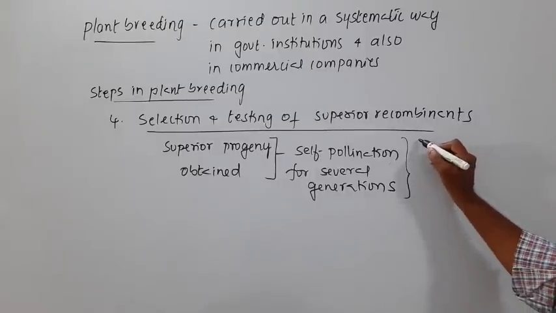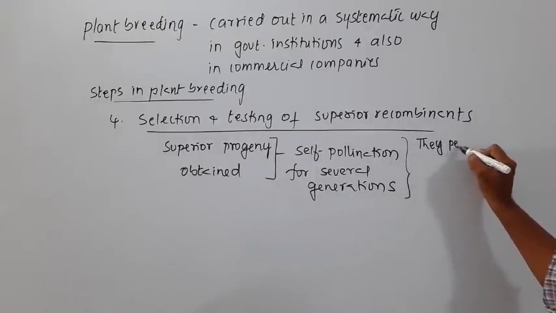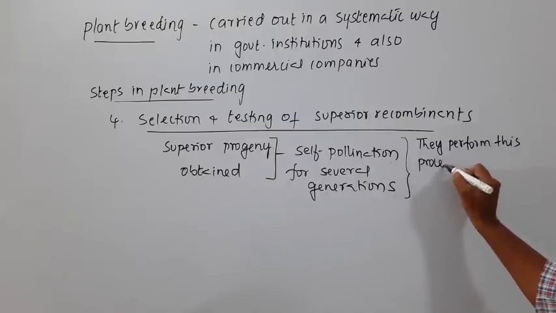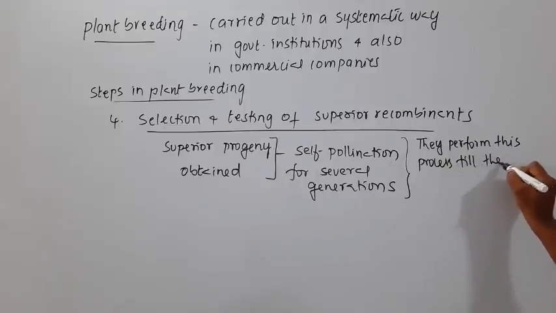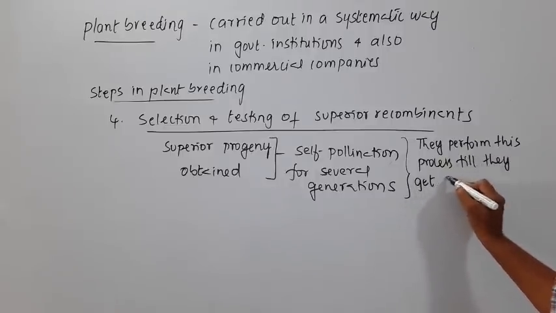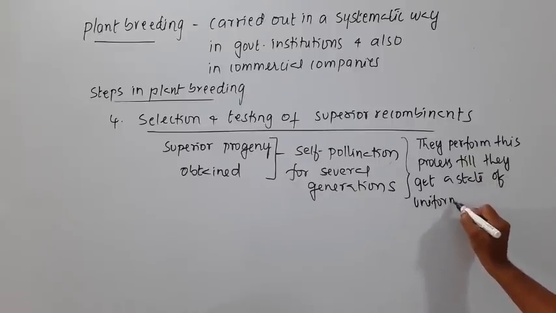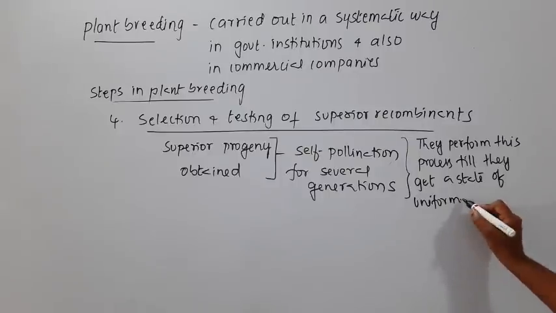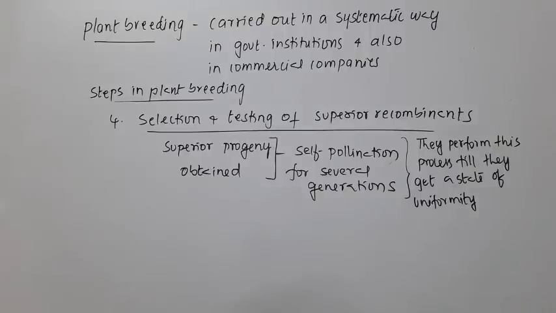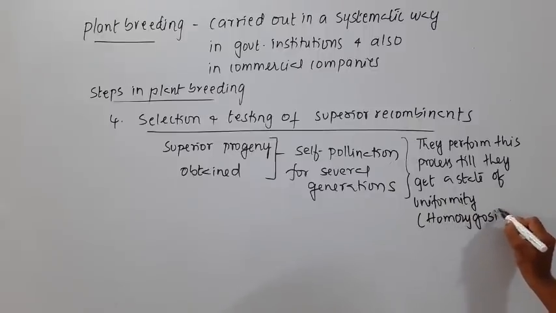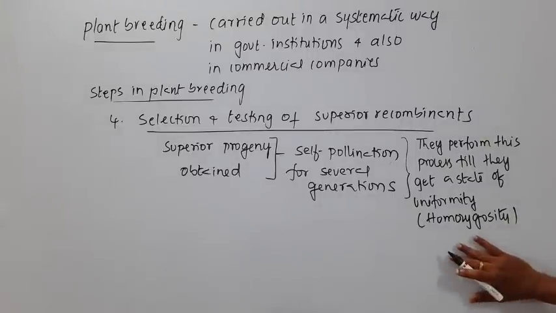They perform this process till they get a state of uniformity, meaning uniformity in the genes, and that's what I call homozygosity. Just now I have told you what this homozygous condition actually is.